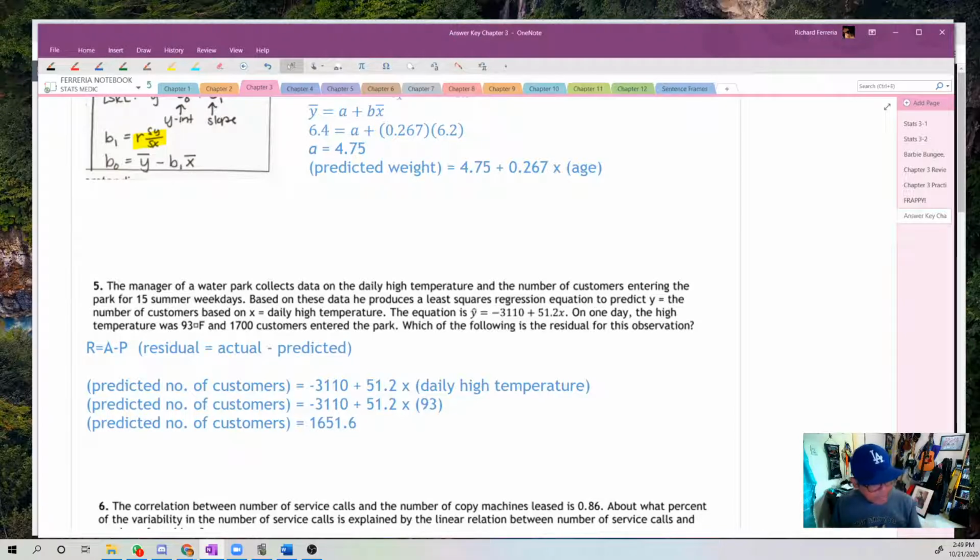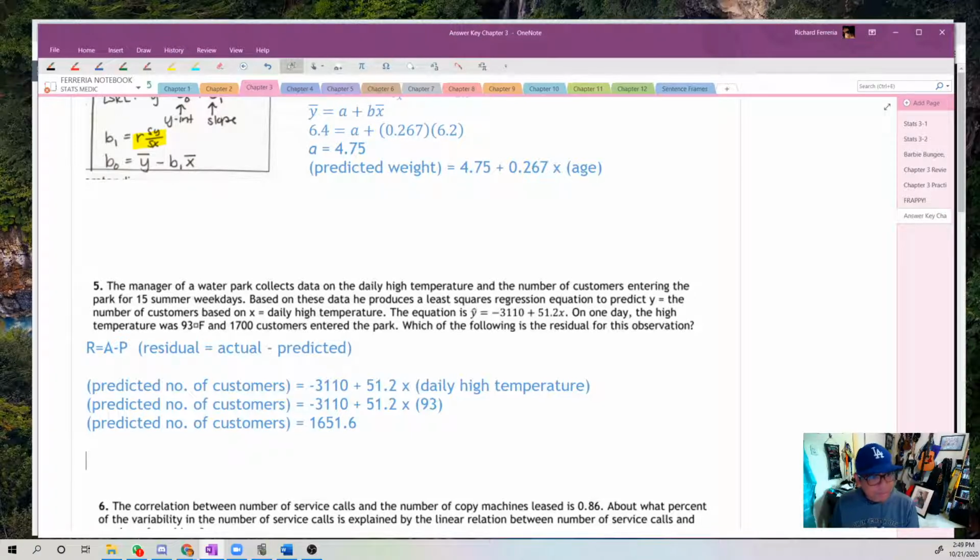If the daily high temperature is 93, what we compute is that the predicted number of customers will be 1,651.6. Now don't let that 0.6 bother you. If you were interpreting, then you would have to do some rounding here. But since we're just looking at a prediction, that 0.6 really doesn't bother anybody, mathematically speaking.